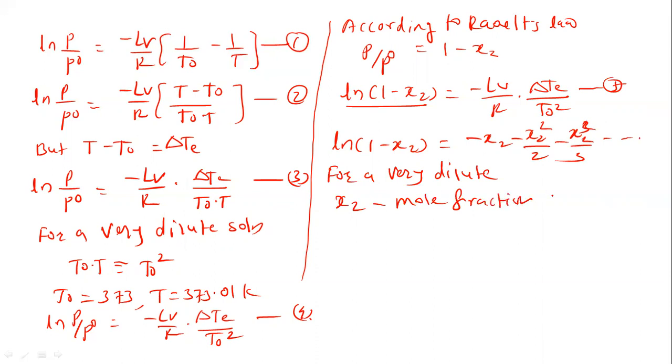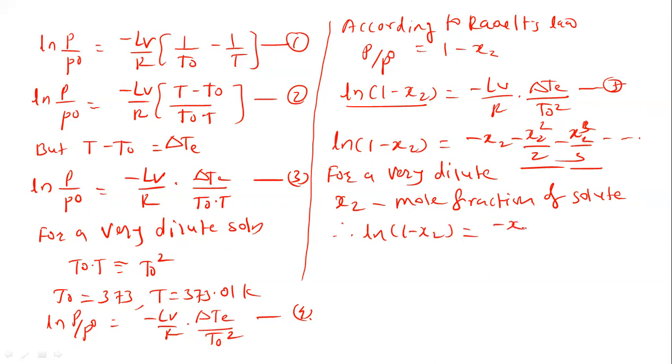For a very dilute solution, the value of x2 becomes very, very small. Then the value of x2 square by 2 is also very small. So these higher powers are neglected. Therefore, we can write ln(1 minus x2) = minus x2.